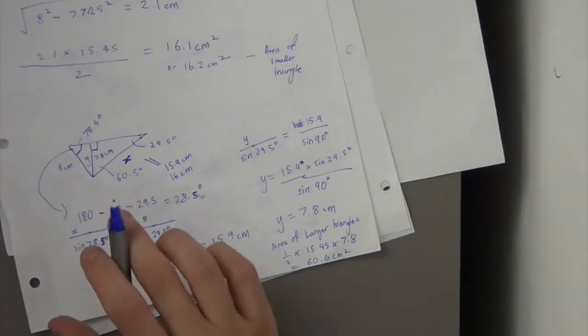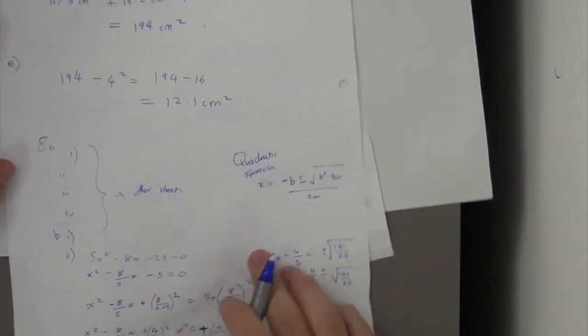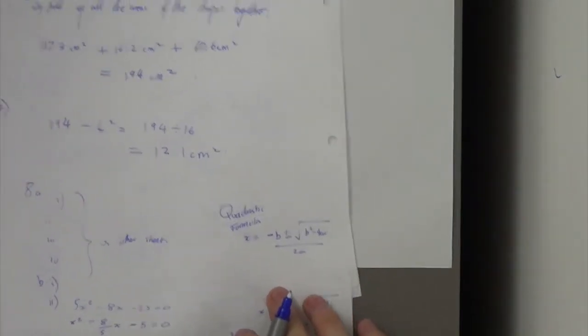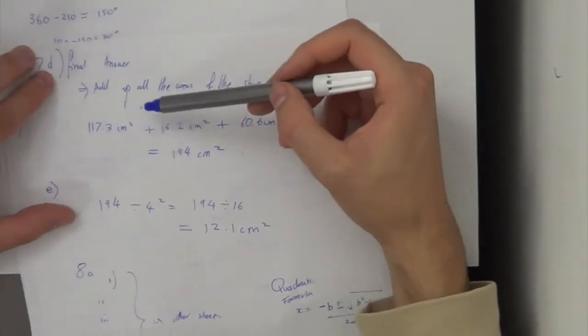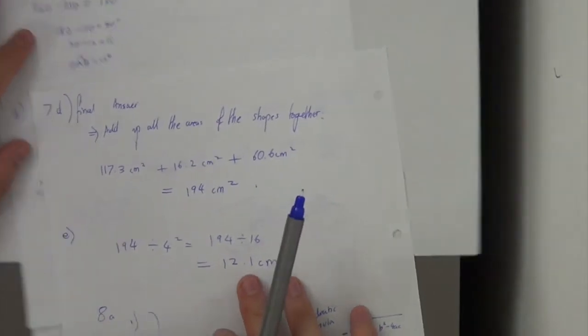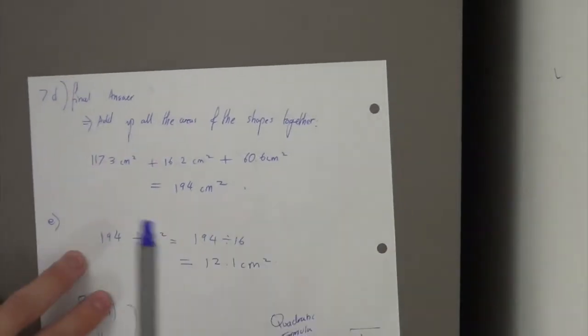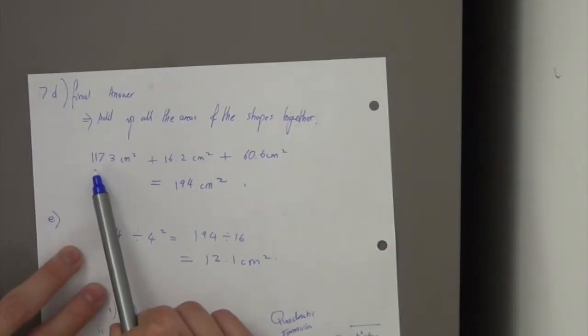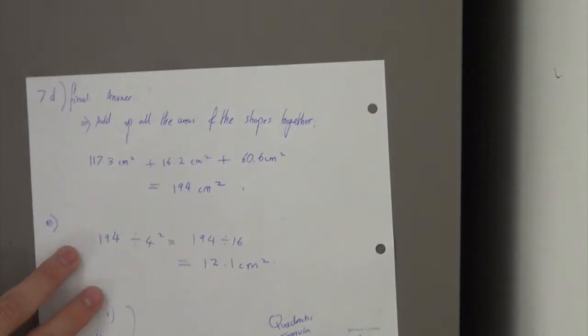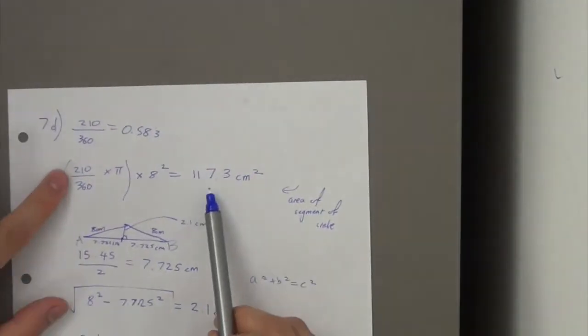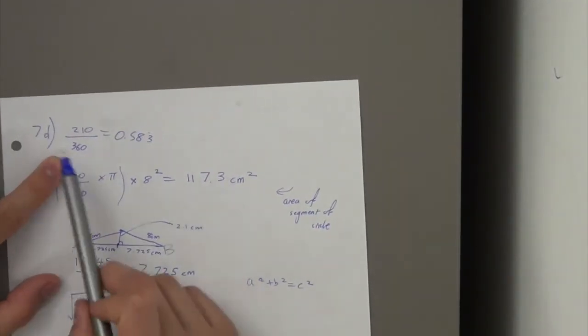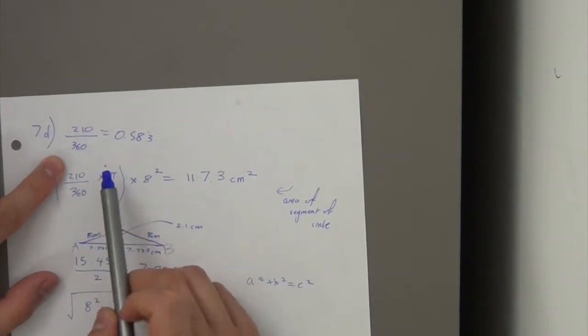Finally, so what do I do with all of that? I need to now add up all the areas. 117.3 centimeters squared was from our segmented circle, that's the first shape.